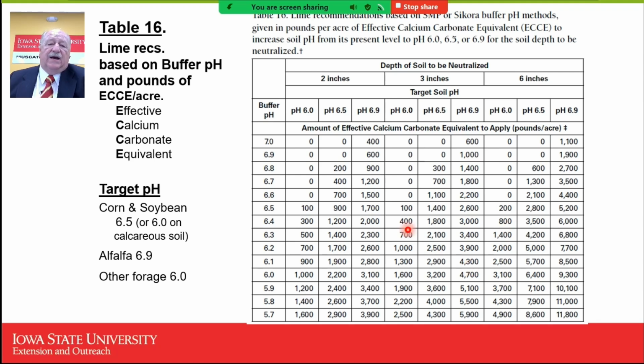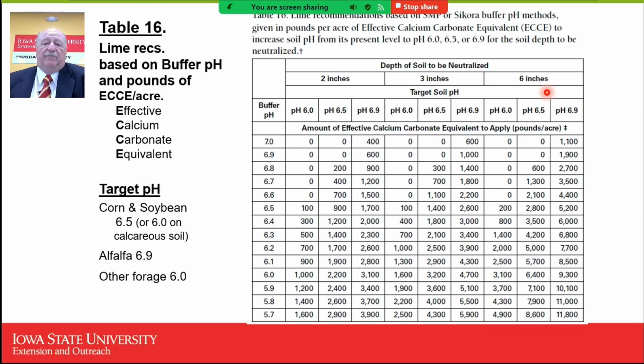And yeah, this is pretty convoluted, but if we sift through it, we basically need to know two things. One is, how deep am I going to neutralize? If I am looking at a no-till situation, it's probably 2 inches. If I'm looking at something like a field cultivation, field finishing, vertical tillage, it's probably 3.